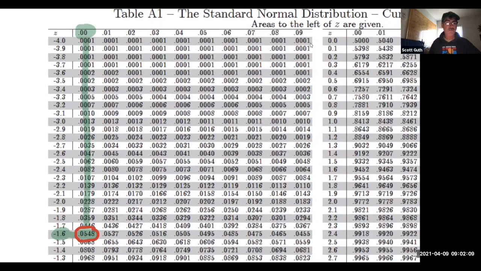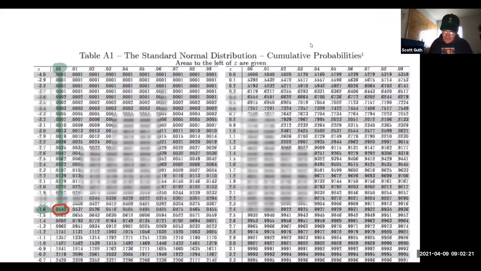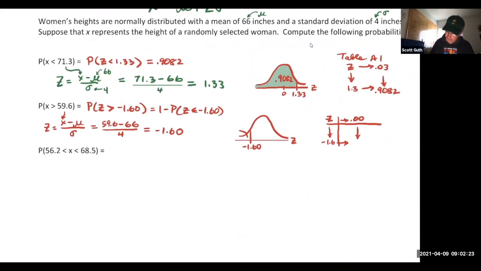So it's a 0.0548. But that's the probability for being z to the left, and we're supposed to do z to the right. So I'll put that here, 0.0548, which is this on the left.